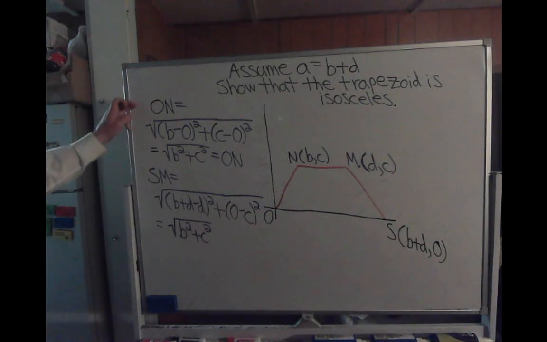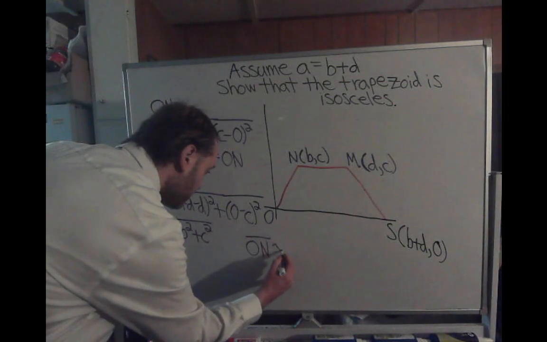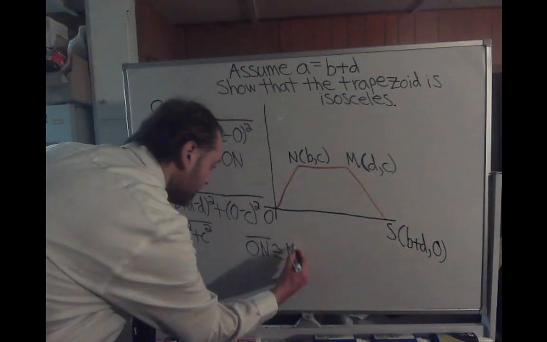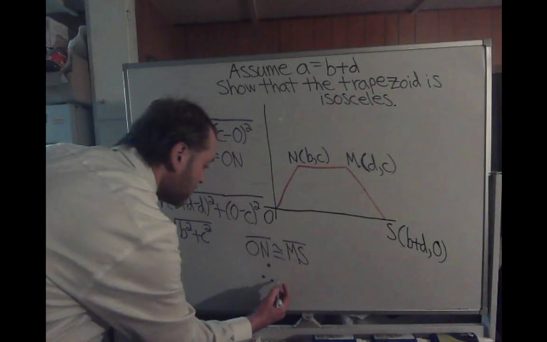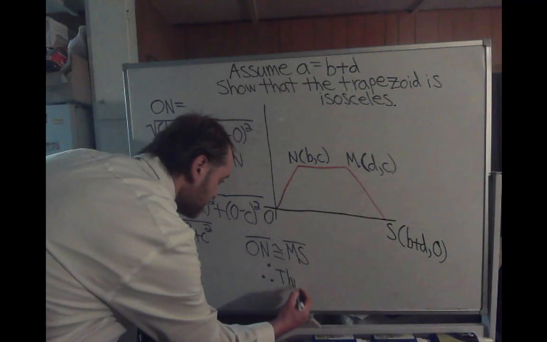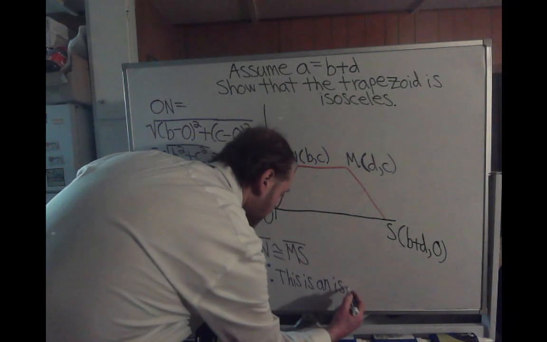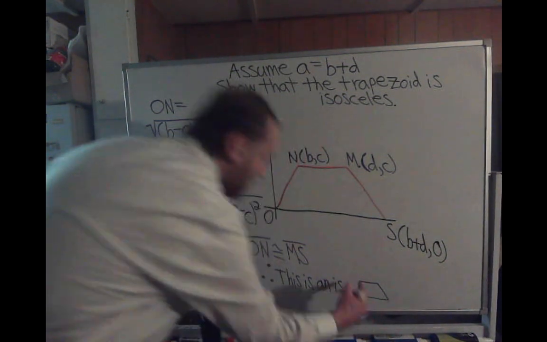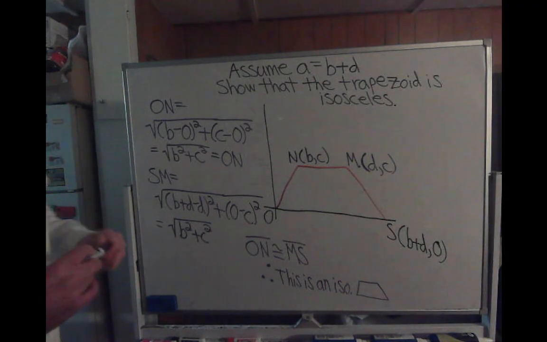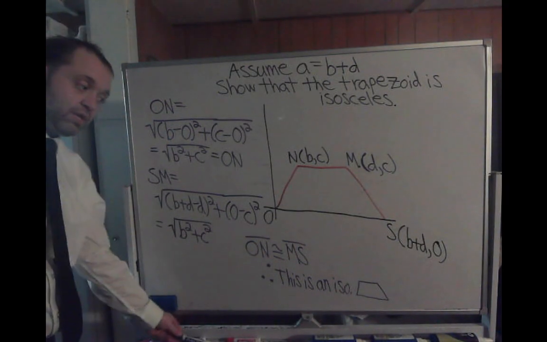So we just showed that ON and MS have the exact same length. So ON is congruent to MS, therefore this is an isosceles trapezoid. I'm abbreviating the trapezoid there. So since we showed the legs are congruent, this is an isosceles trapezoid.